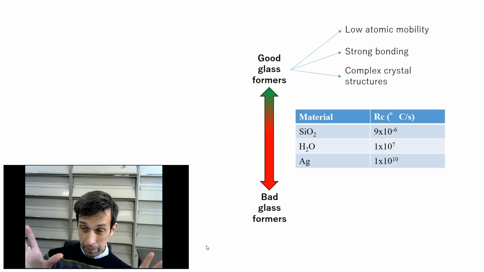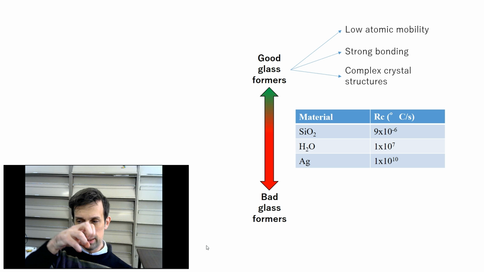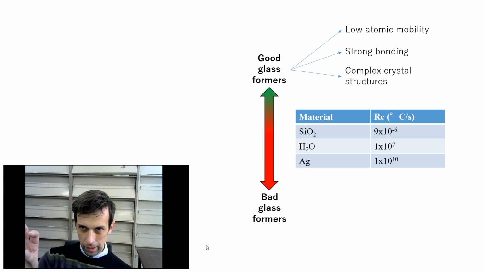They are messy. They want to stay there, and they're difficult to move. They have strong bonding, so you cannot break the bond, take the element away, and put it somewhere else. And they form complex crystal structures that take a lot of effort to make. That's why, for example, quartz and cristobalite are much more difficult than glass to obtain.